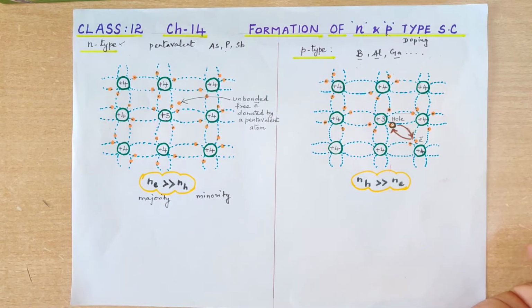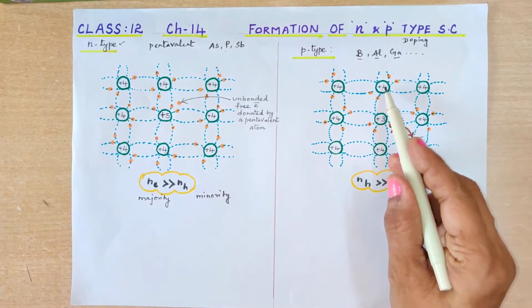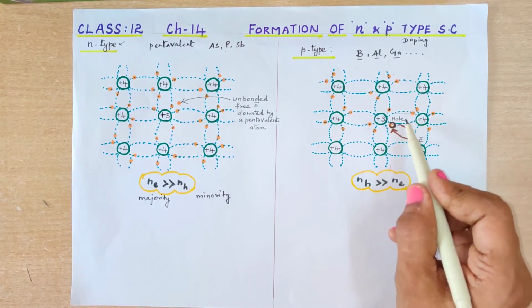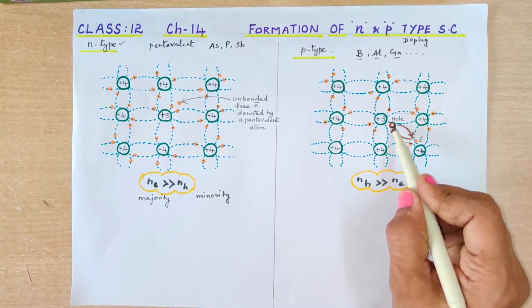We know that a trivalent element has 3 valence electrons, and hence all the 3 sides are filled with the neighboring atoms, but only one side is incomplete because of the deficient electron, leaving the vacancy there.